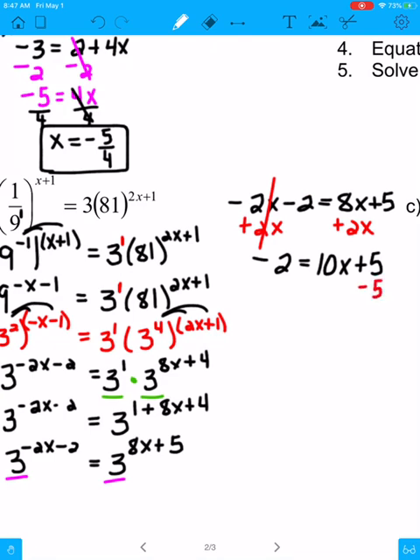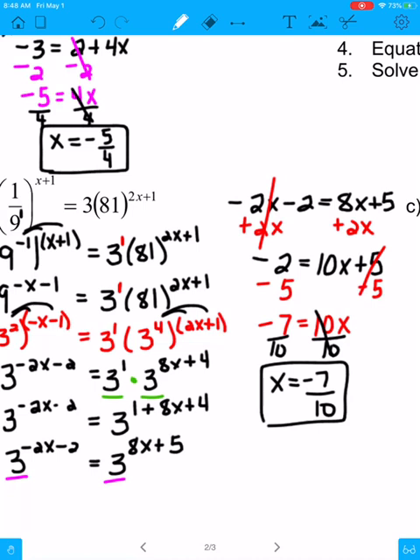Subtract 5. Negative 7 equals 10x. Divide by 10. And x equals negative 7 over 10.